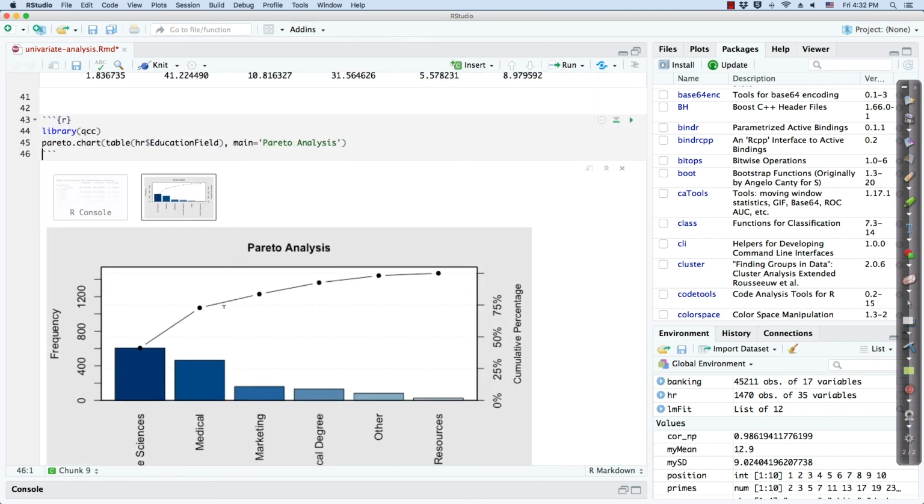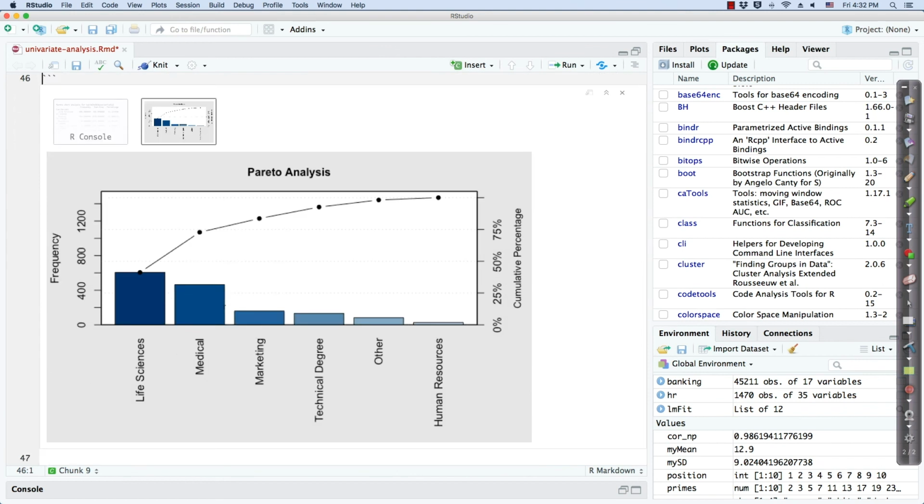And it is good to see what percentage of categories contribute to 80 percent of the frequency. So, here just two categories like life sciences and medical contribute close to 75 percent of the frequency. This is good to understand, and this is what Pareto analysis also tells.